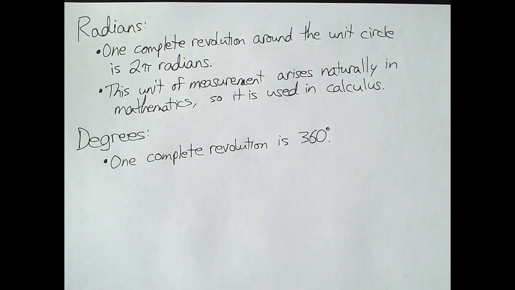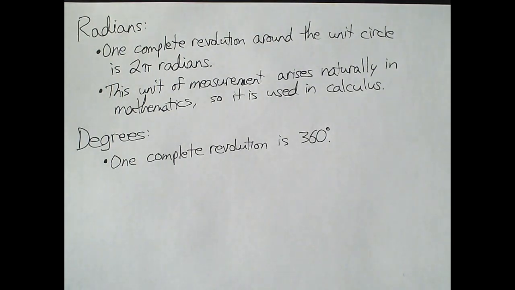Why is it 360? It's 360 because some people decided it was going to be 360. They said, let's take the circle, the unit circle, or really any circle, and let's chop it up into 360 equal pieces. And each of those pieces we're going to call a degree.